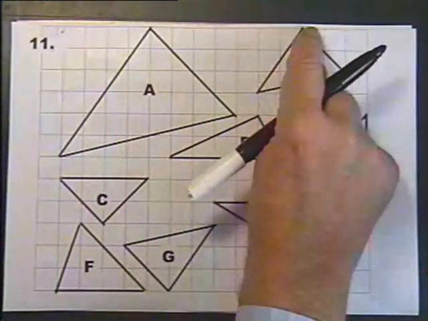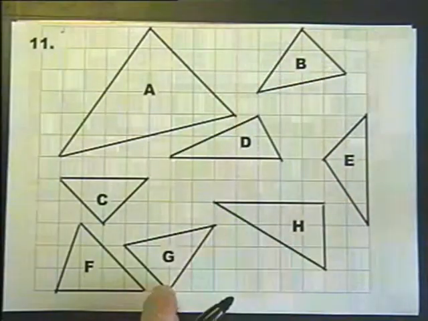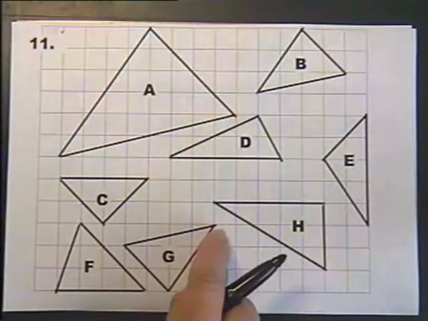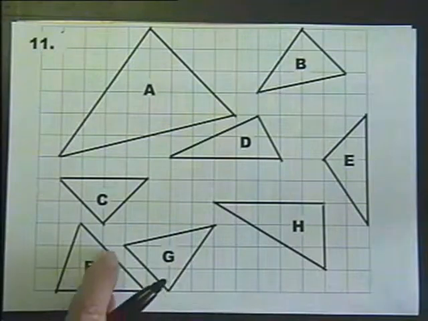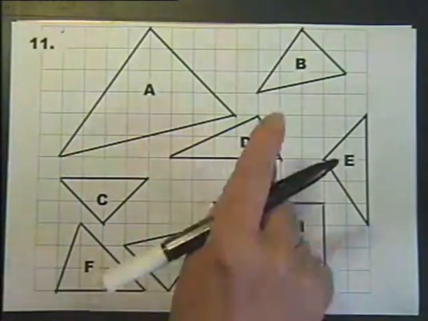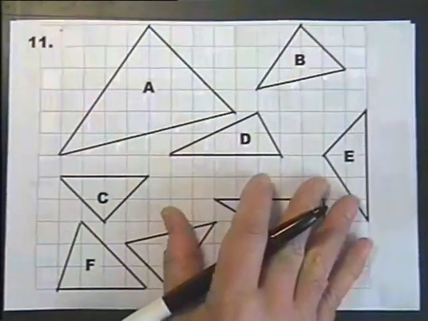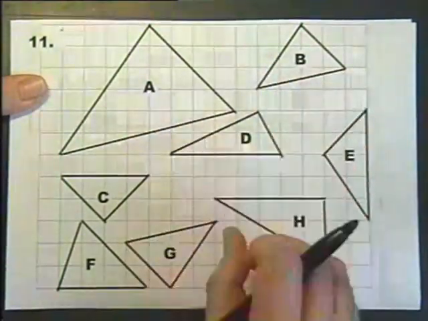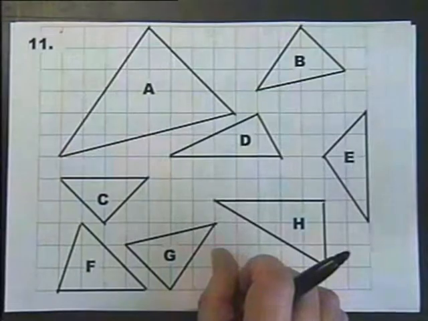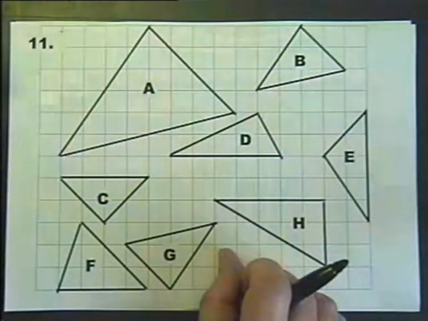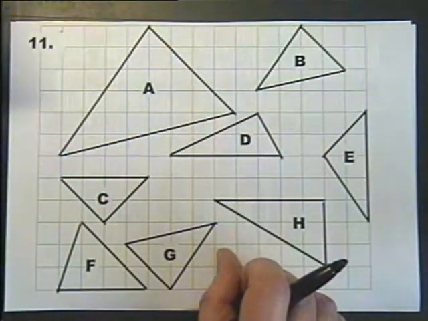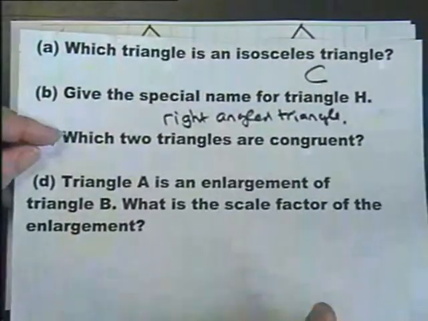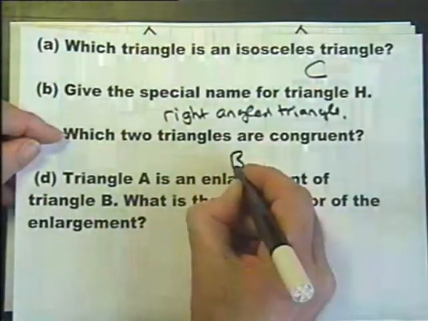This one goes 2, 3, this one goes 2, 3, so those two sides are exactly the same, and this one goes 2, 2 and that one goes 2, 2. You could use a ruler and measure them, but the way I've just done the counting is more likely to get you, well, I think it's easier. So it's B and G, so let's write that down before I fall over my own tongue again.